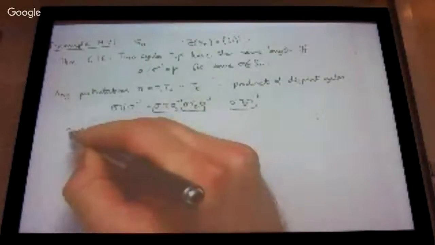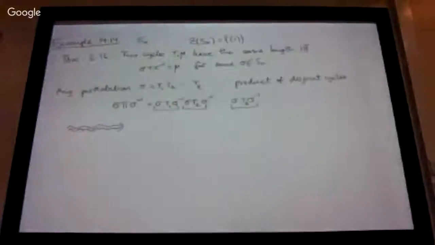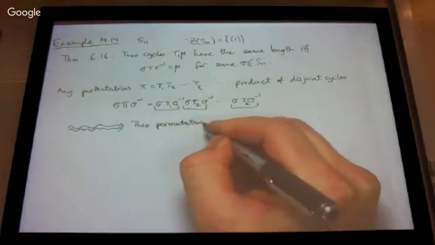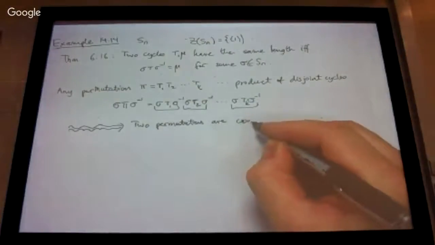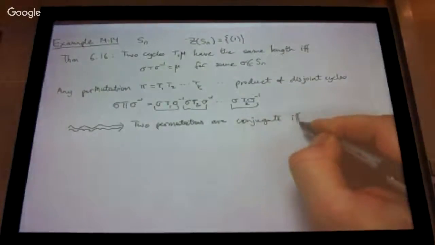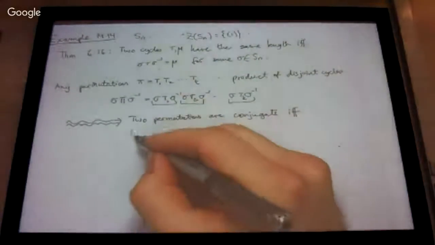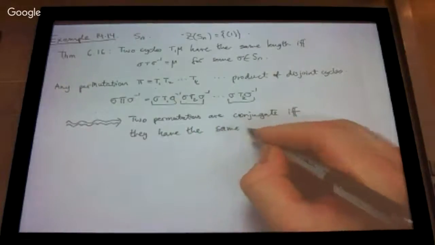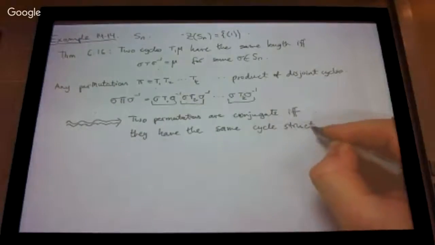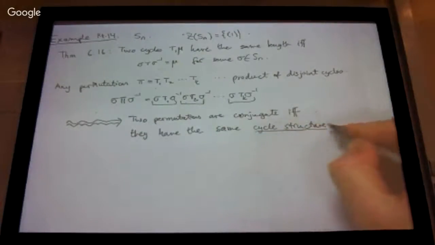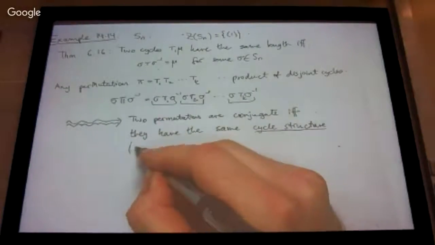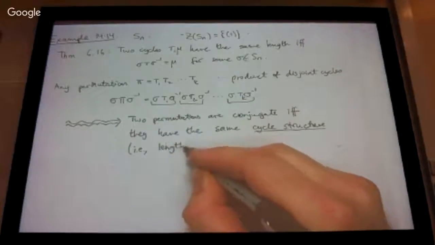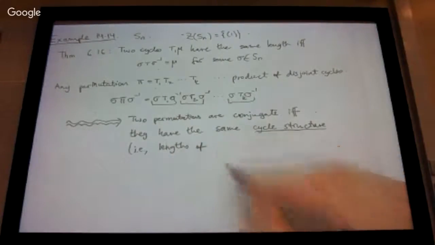So when you do a bit of argumentation about it, you get that two permutations are conjugate only if they have the same cycle structure, which is the lengths of the disjoint cycles.